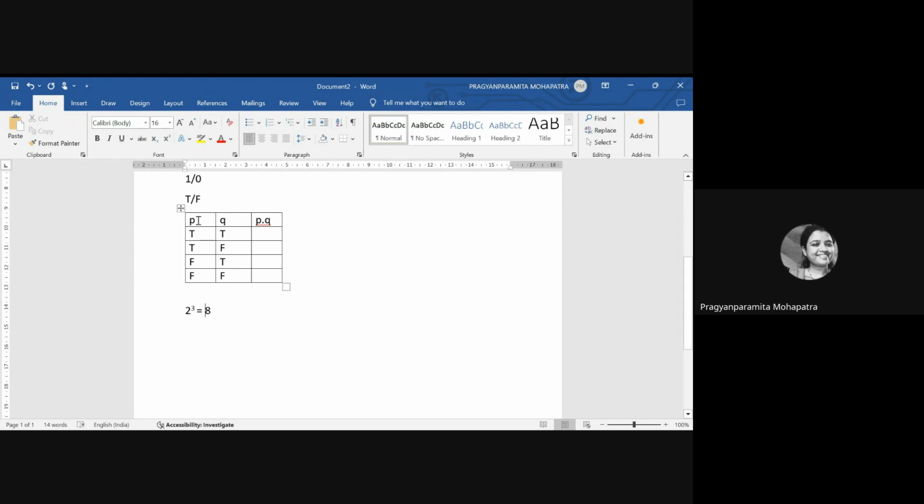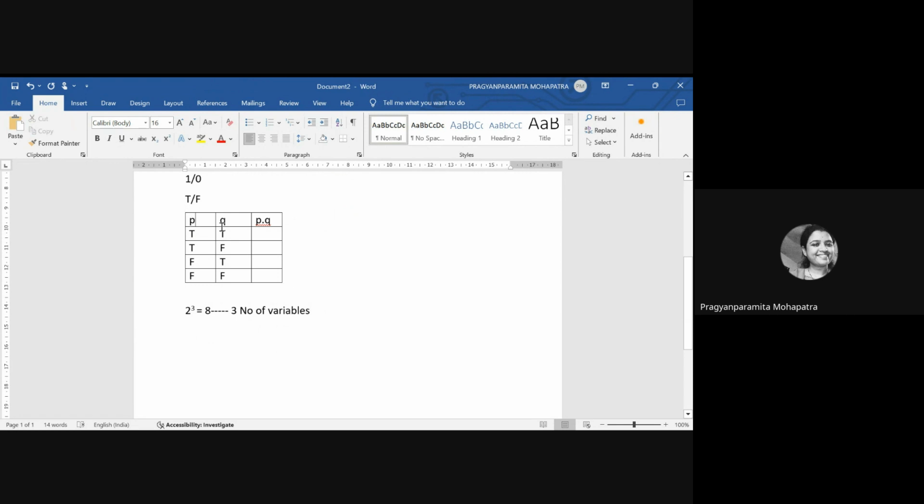Suppose let me just draw it. So this is for 3 number of variables. Fine. We will have 8 rows.